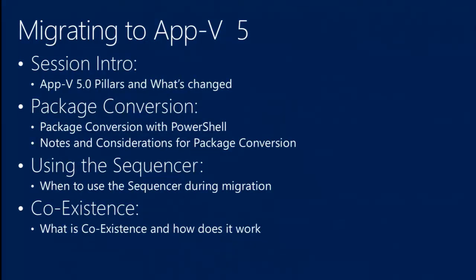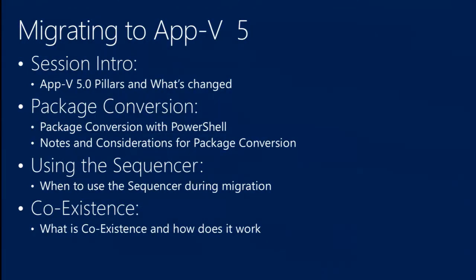But the feedback that we've gotten from our customers is that the transition is fairly complicated. When we released AppV 5, we released two technologies that we thought would be helpful in that migration. One is the package converter, and the other is what we call client coexistence.